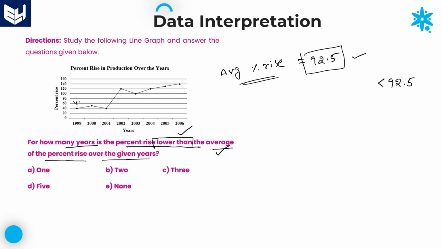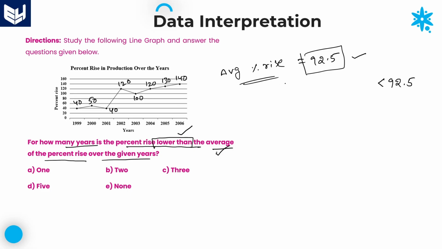First I will write down all the values. First value is 40 and next 50. Here it is 40, this is 120, this is 100, 120, 130, 140. These are the total 8 values that we have, right?